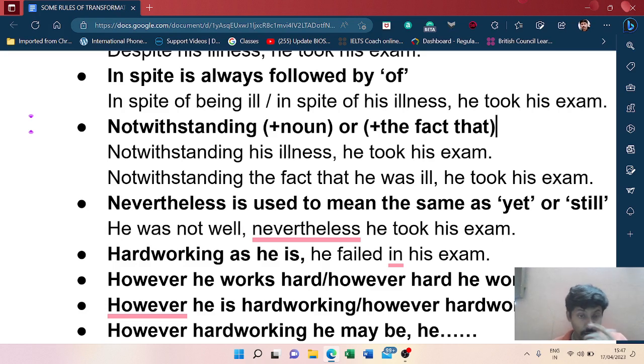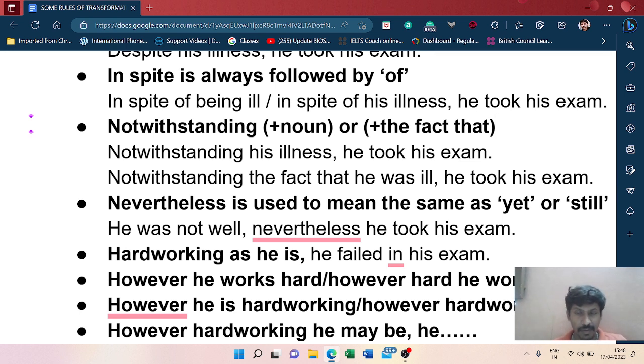Then comes hardworking as he is. So now the type is hardworking. Hardworking as he is, he failed in his exam. See, it means though he was hardworking or he is hardworking, he failed in his exam. So the sense is same, only the applications are different.